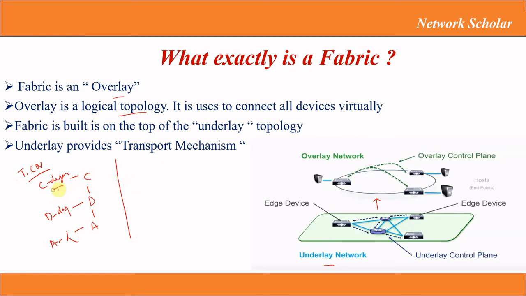The core layer has become the border device, and the access layer has become the edge device. Previously we used to have access, distribution and core, but now we have a topology like this: the edge device and then the border device.